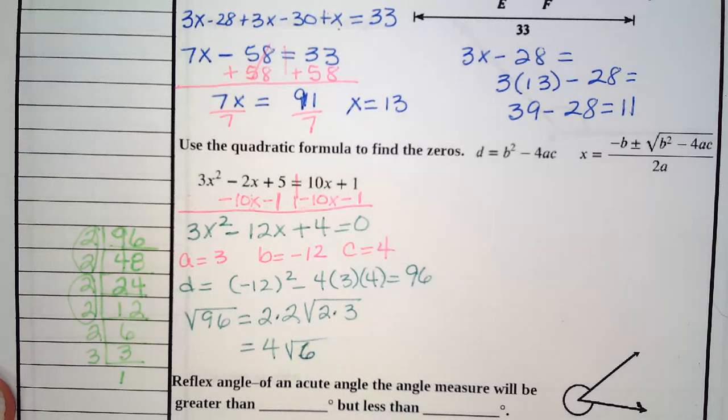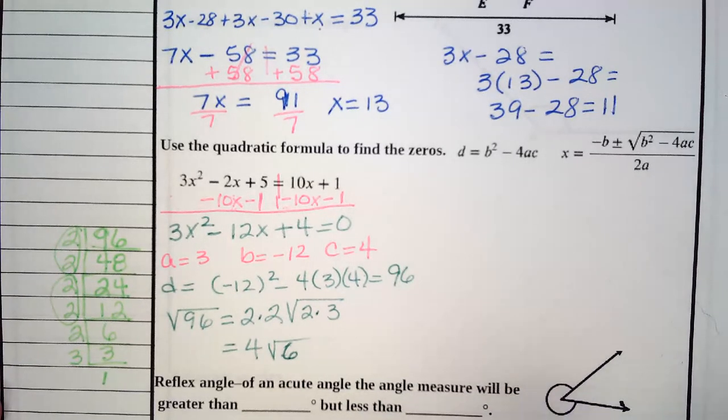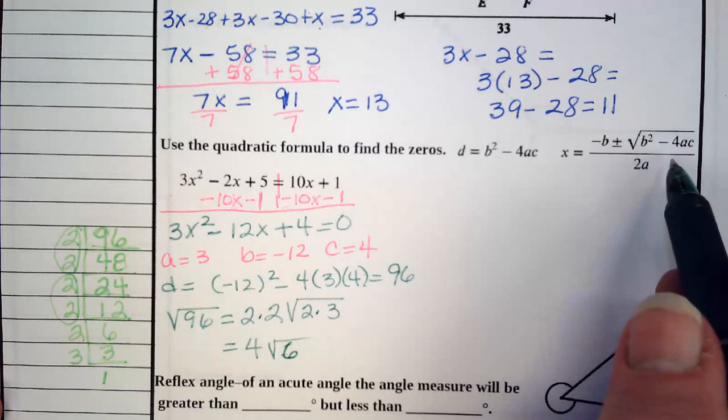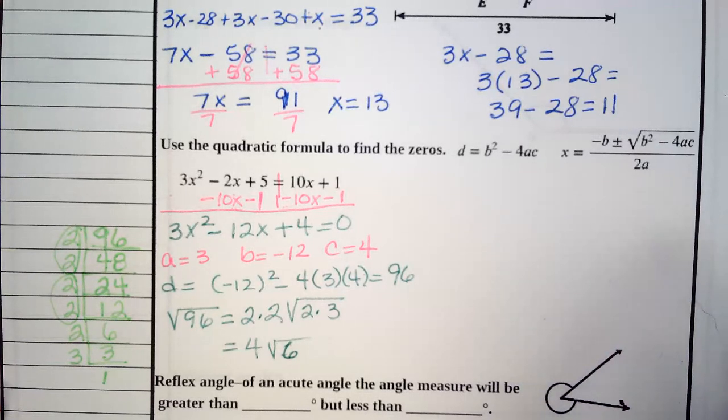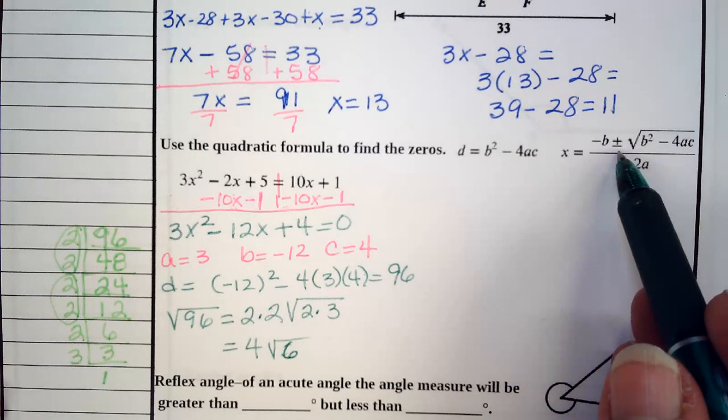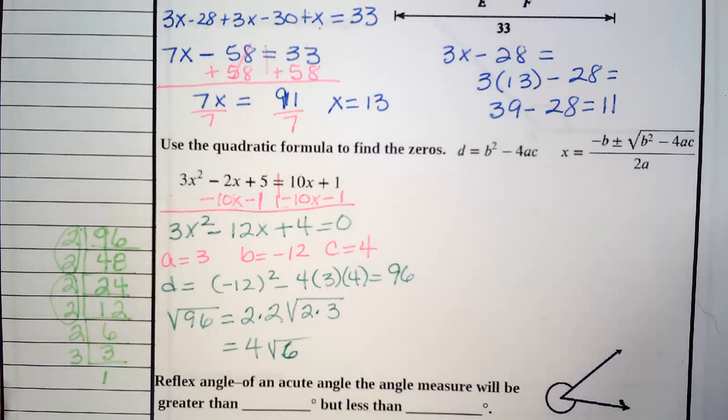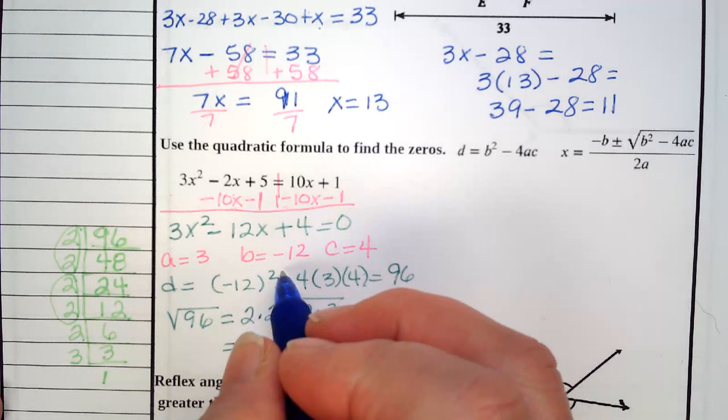Okay, now we're ready to finish it up. The answer will be in this form, but we'll just leave the plus and minus because we are looking for the exact answer. So what is the opposite of negative 12?